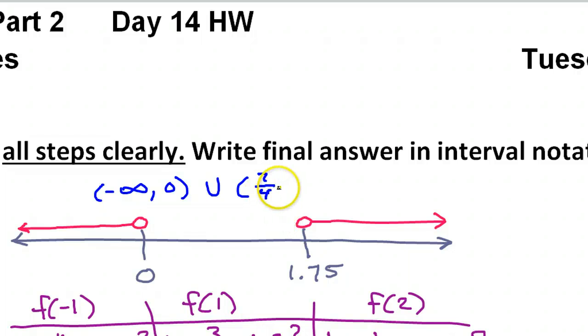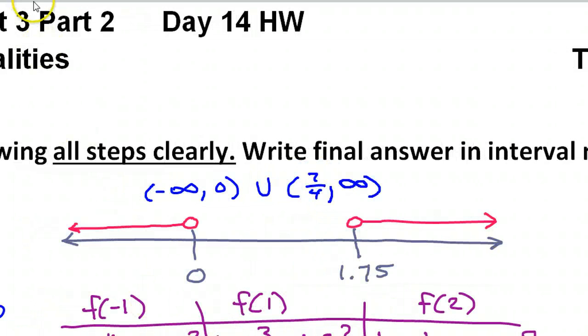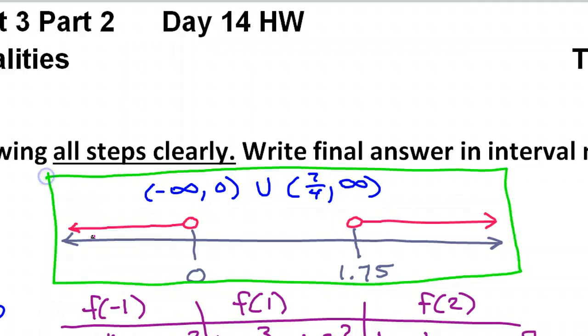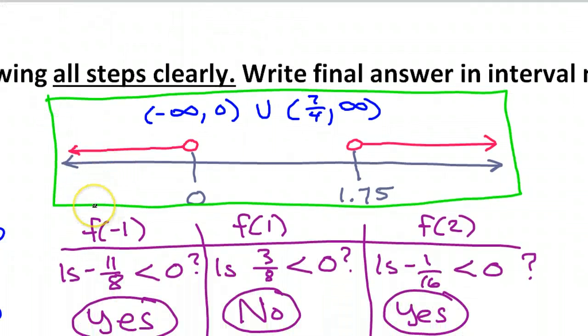So 7/4, and it goes from there up to infinity. Okay, so this is the complete answer to the problem. All right, our number line, graph, and interval notation. So that's what you want to have for all problems.